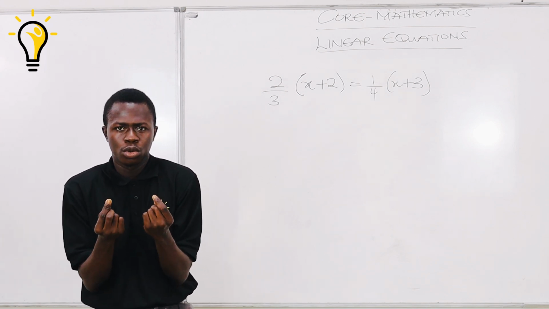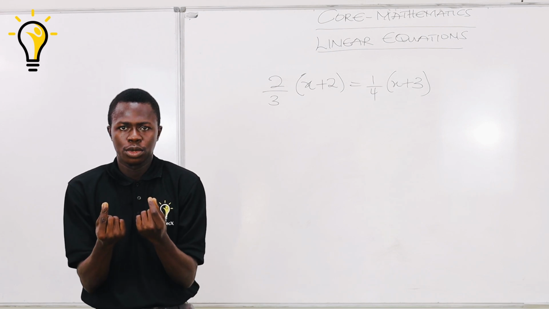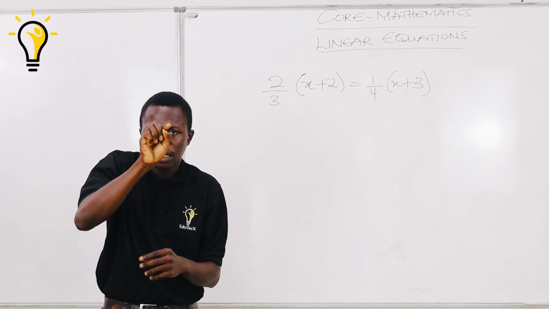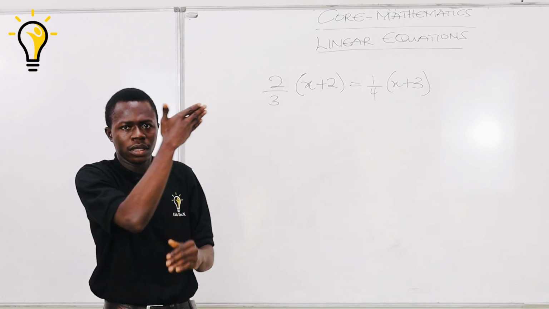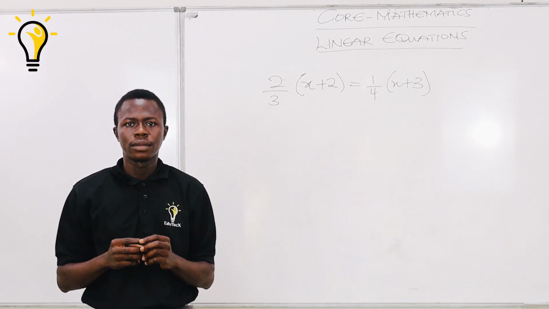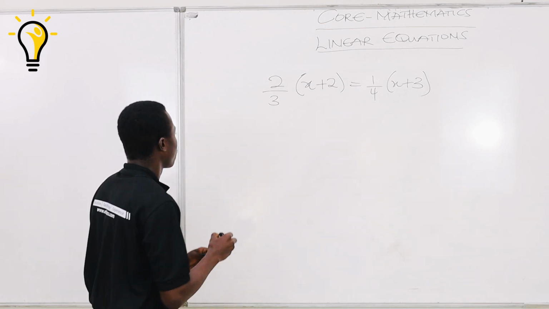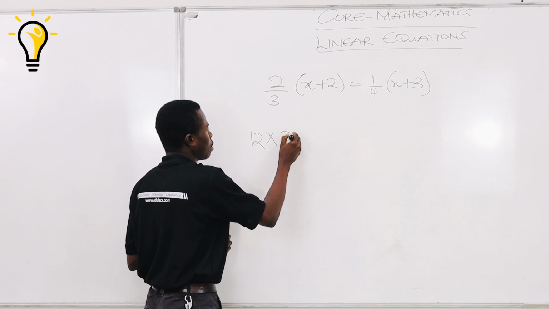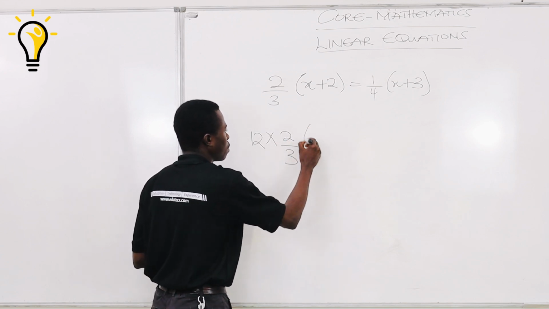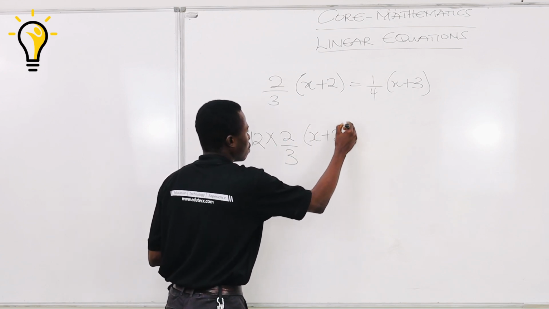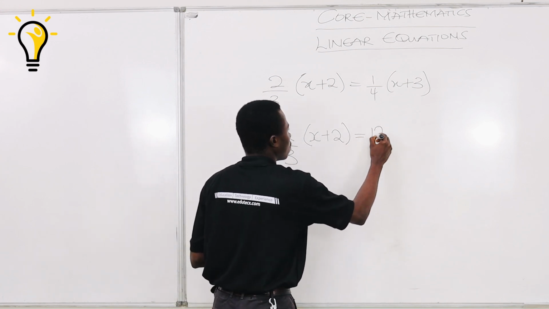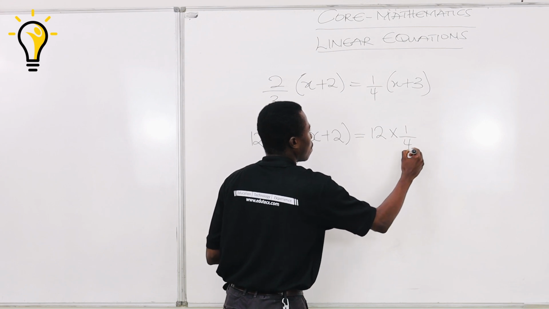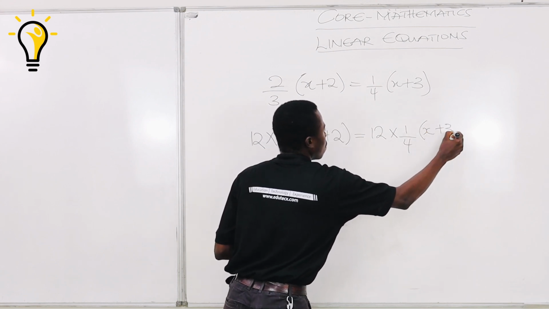What we do next is we multiply each term in the expression by 12. Let me demonstrate. You'd have 12 multiplying 2 divided by 3, then your bracket x plus 2, equals 12 again multiplying 1 divided by 4, then the other bracket x plus 3.